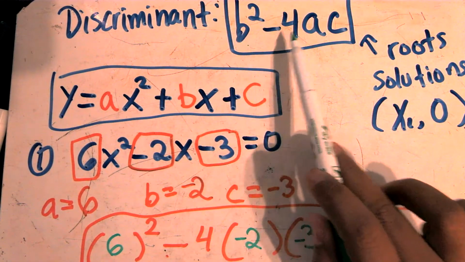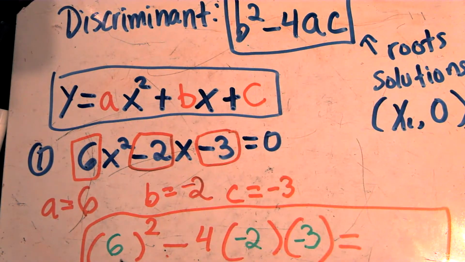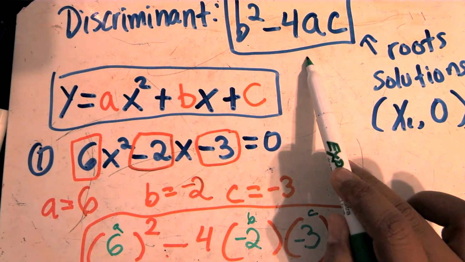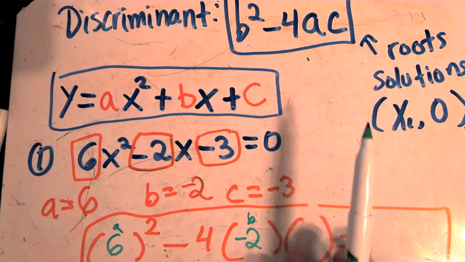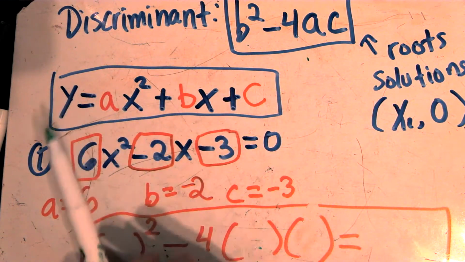Instead of plugging in the value of b, they plugged in the value of a. Instead of plugging in the value of a, they plugged in the value of b. So what people end up doing is a squared minus 4bc, and that's not what the formula for the discriminant is. It's b squared minus 4ac. So it's really important that we pay close attention.